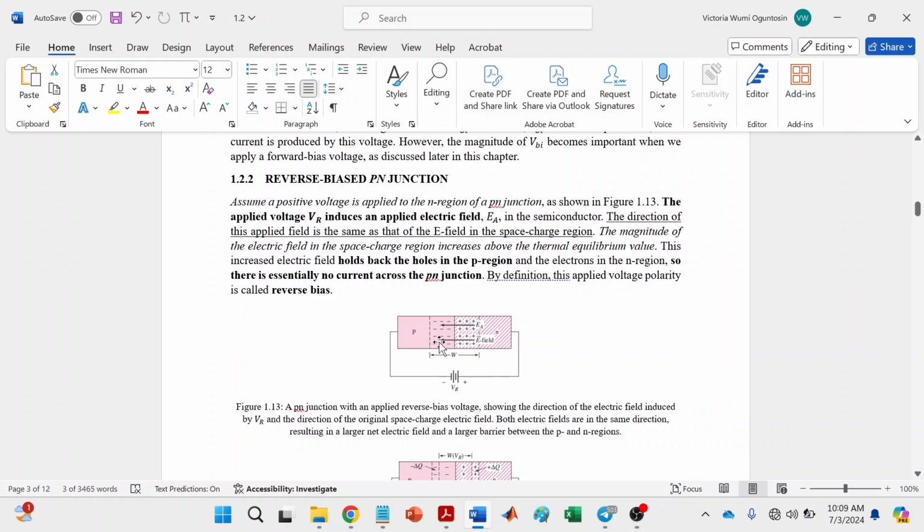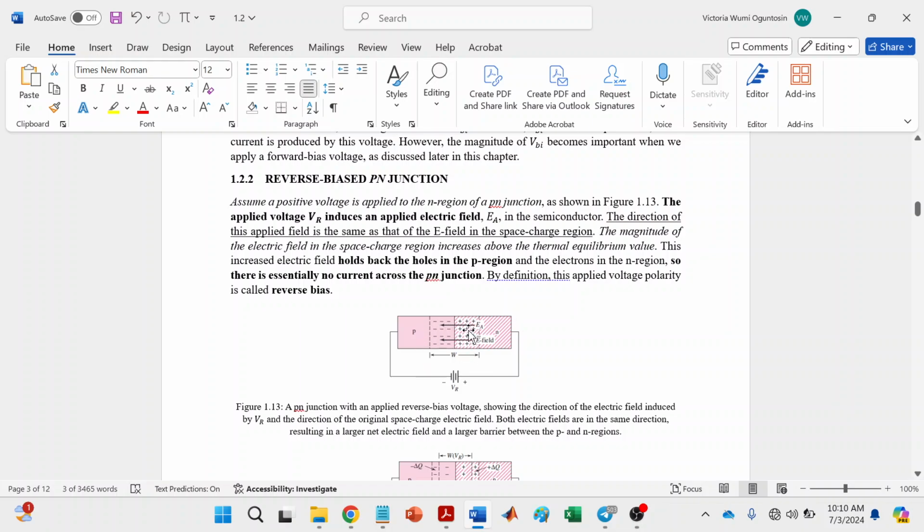So remember that there's an electric field that has already been induced when the PN junction is in equilibrium. So another electric field called EA would be induced, and the direction of this electric field is in the same direction as that of the electric field in the space charge region, as you can see. So this is the electric field in the space charge region, and this is the applied electric field as a result of the reverse bias voltage.